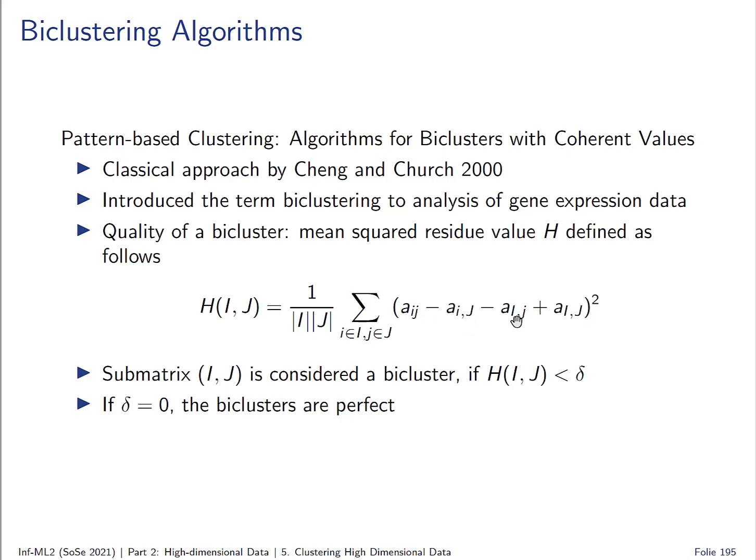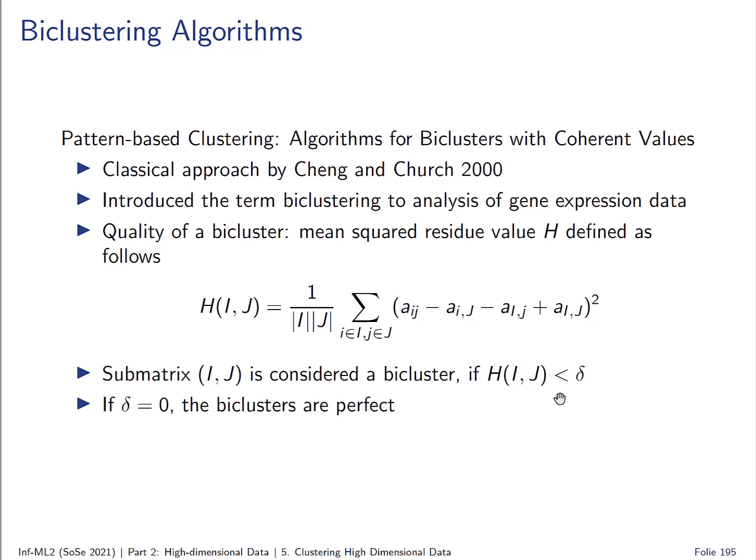We take the mean square error, sum it up, and normalize it by the number of values in the submatrix. We take the value and compute how far it is from the average of its row and column, and from the average value in the whole submatrix.